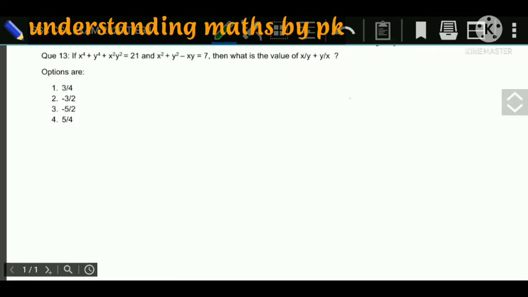To solve this question, we can see from this point, x upon y plus y upon x. X upon y plus y upon x is equal to what? This is asked.